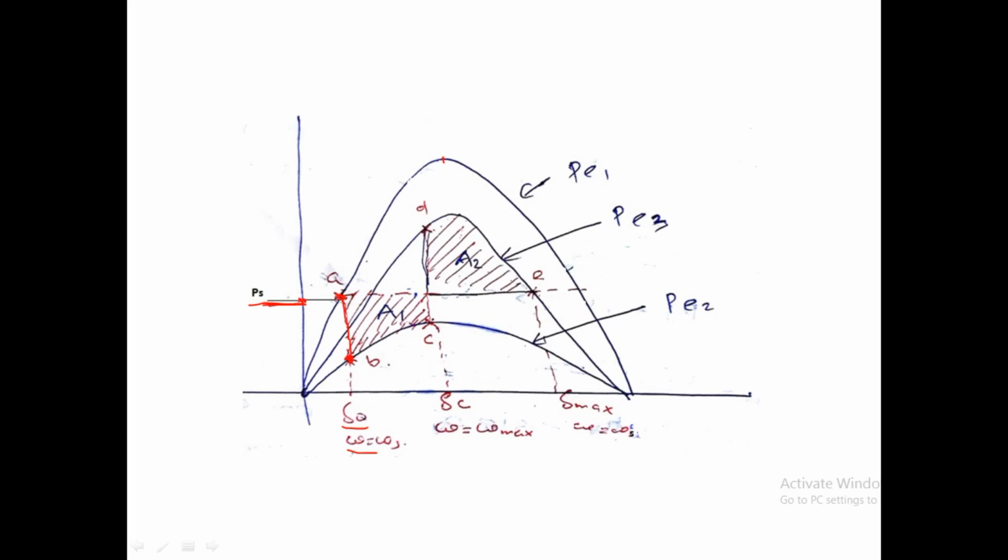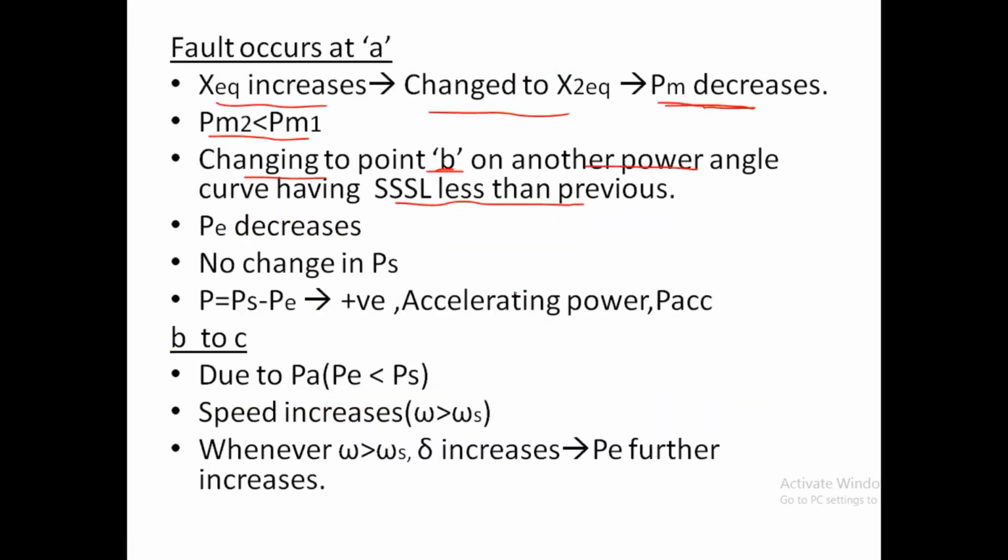So what will happen if PE is less than PS? PE decreases, with no change in PS, and PS minus PE is positive, so an accelerating power is created. There is an acceleration. When there is acceleration, omega starts to increase. That is happening from B to C. Since PE is less than PS, speed increases, omega becomes more than omega s.